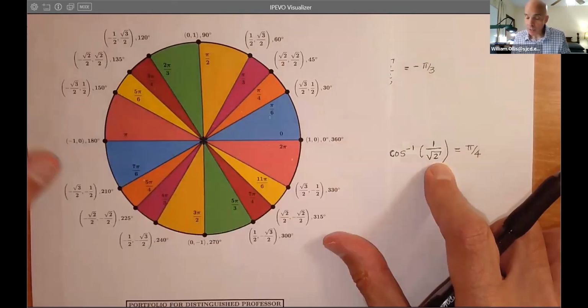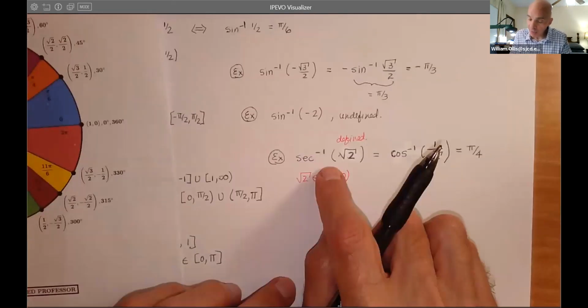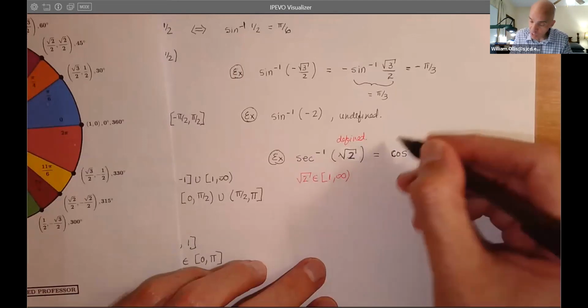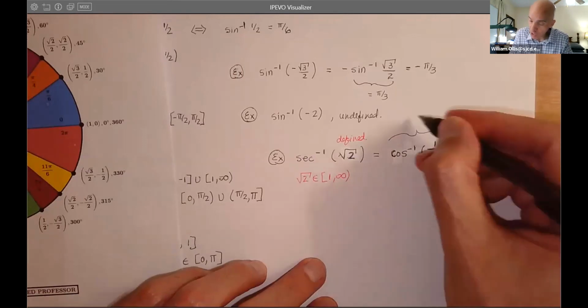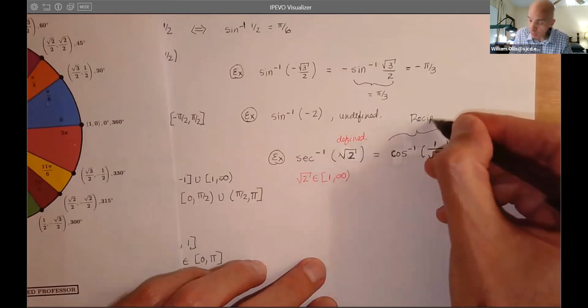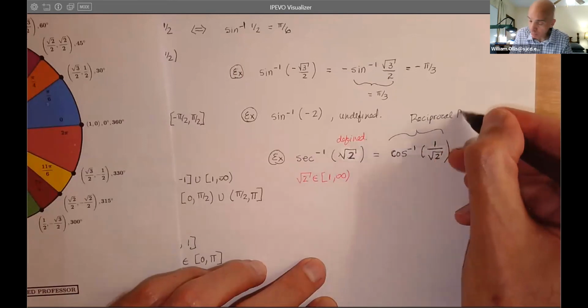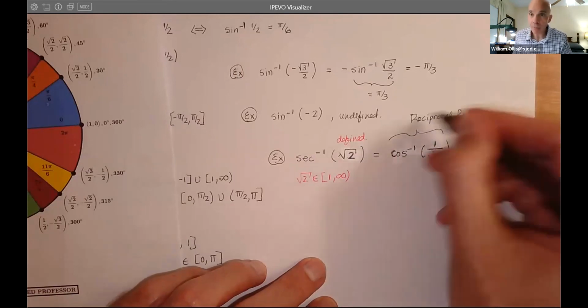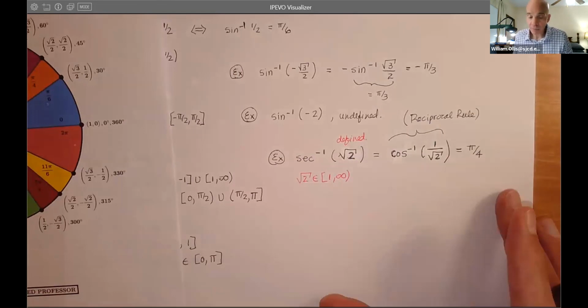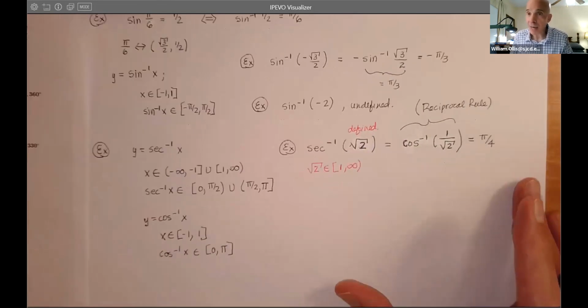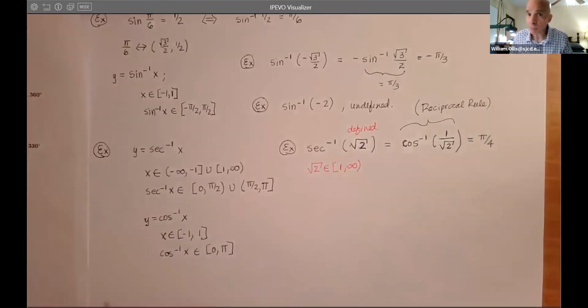But again, we started with the inverse secant, and then this is just the reciprocal rule. So you should already know these, but you probably don't. That's okay. Nobody's ever caught up in my class. That's just the way it is. I demand a lot of my students, and that's okay because it's going to make you brilliant one day.